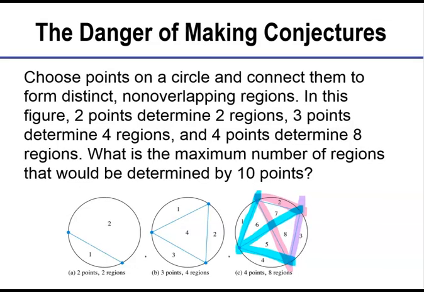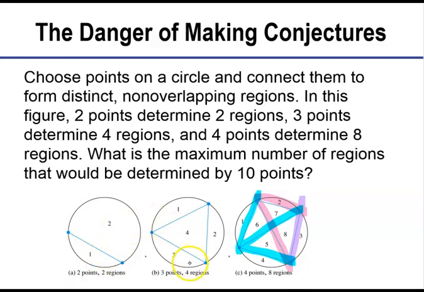Now here's the question. Say we want to try to guess a formula for this or make a pattern out of this. So when we had 2 points, we had 2 regions. We add another point, and now we have 4 regions. You add another point, and now we have 8 regions. Okay, so 2 points, 2 regions.